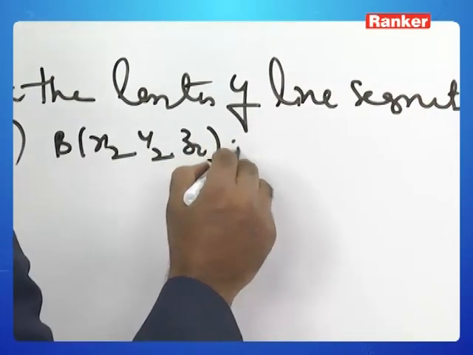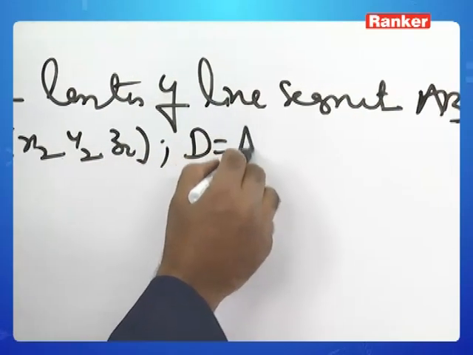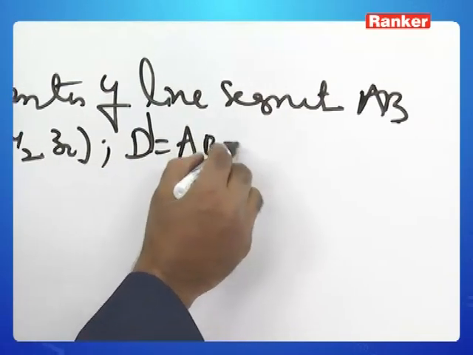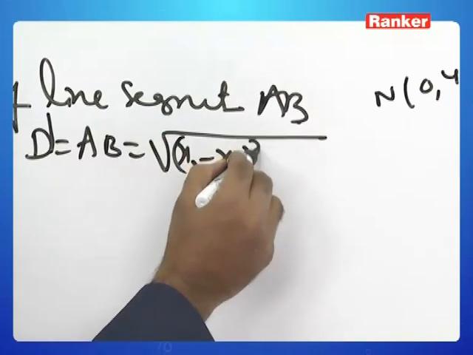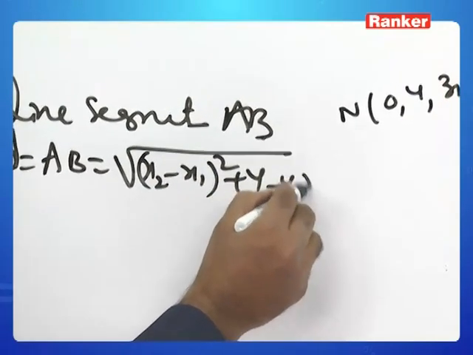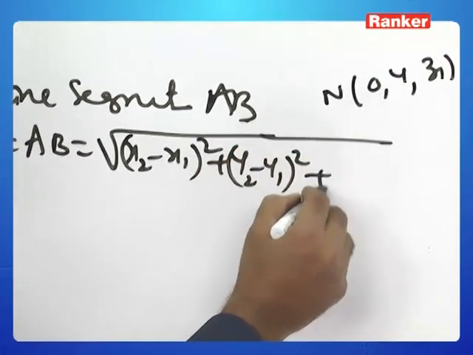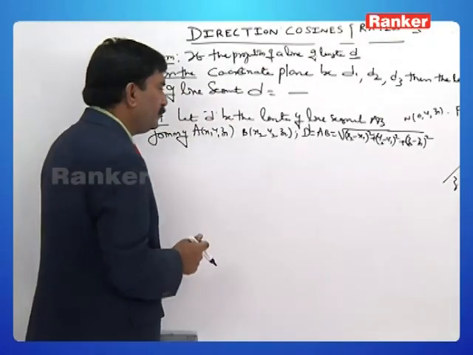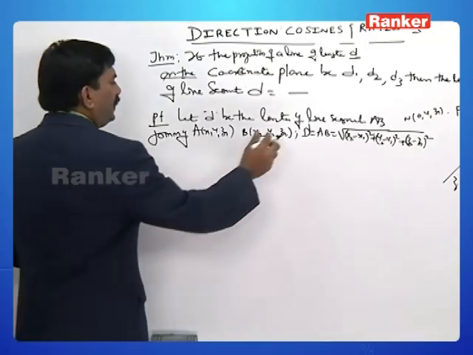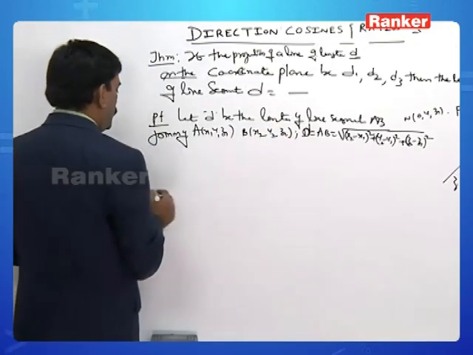Therefore, d is equal to AB, which is the square root of x2 minus x1 whole square plus y2 minus y1 whole square plus z2 minus z1 whole square. This is the length of the line segment.